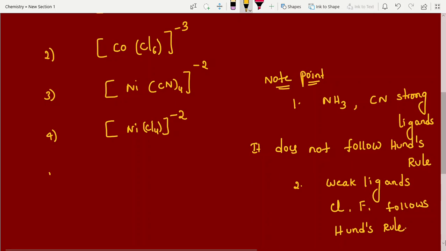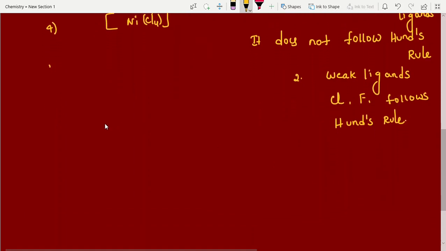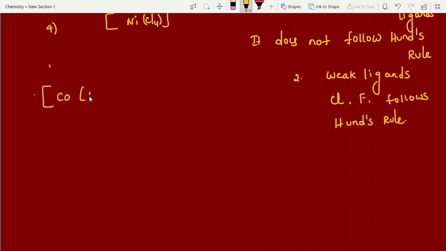Now we look into the points. The first example, cobalt, I am taking. Here finally 5 points I am explaining. All 5 points, listen and make a note. [Co(NH3)6]3+. Now here the first step is to calculate the oxidation state of the central metal atom.